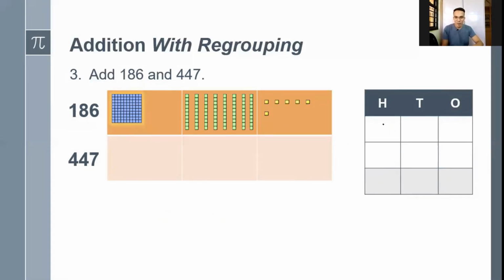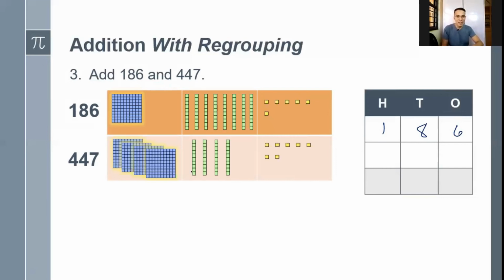So we have 100, 8 tens, and 6 ones. This is the number 186. And for number 447, there are 4 hundreds, 4 tens, and 7 ones. So we write here 4 hundreds, 4 tens, and 7 ones.